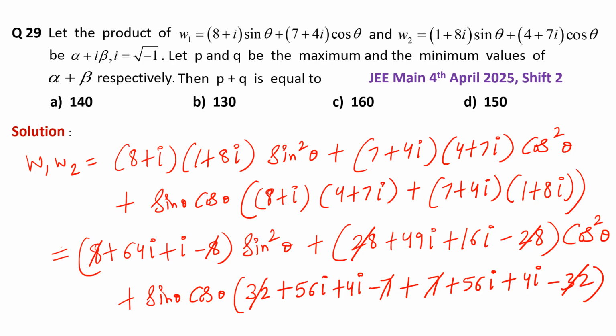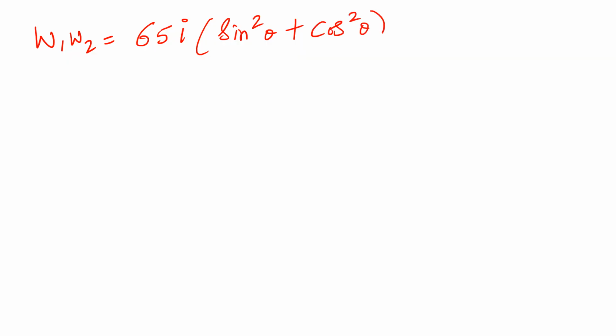Now students, let's find this value. Upon simplification, we get W1 into W2 equal to 65i into (sin²θ + cos²θ) plus 120i into sin θ cos θ.